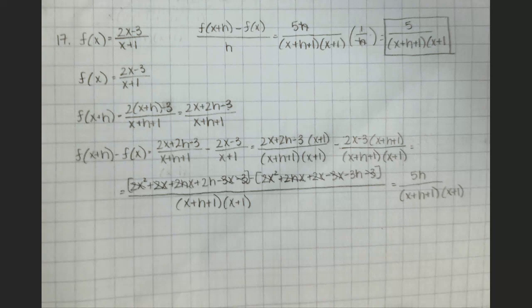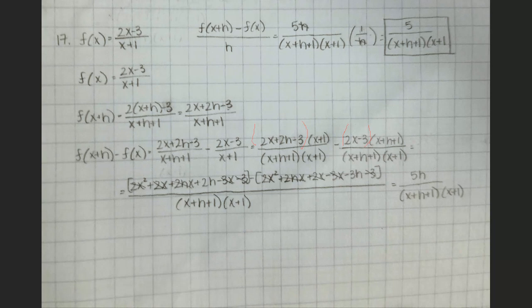And what you want to do is try to have both of the fractions have the same denominator, so it would be easier to simplify. So for f of x plus h, you multiply by x plus 1, both numerator and denominator. And for f of x, you multiply by x plus h plus 1.